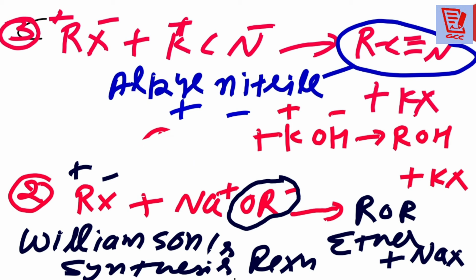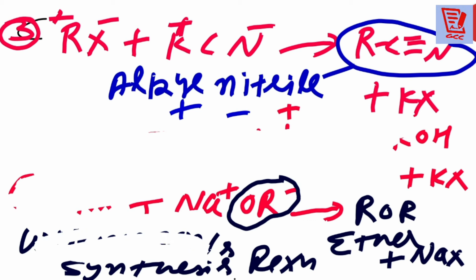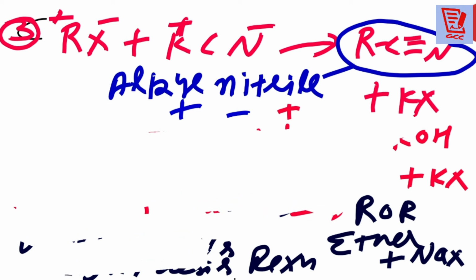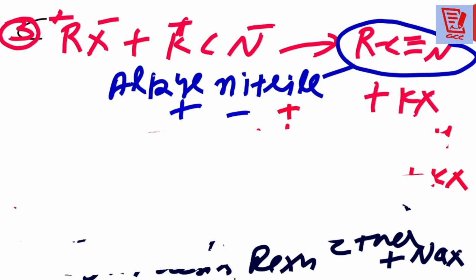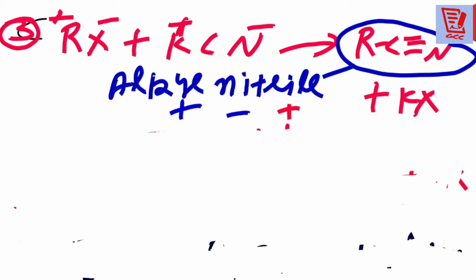Okay. Now look, in this reaction please see very carefully, all of you. Now when we are preparing this RCN, it can give further 3 reactions. What we have prepared, alkyl nitrile, can give further 3 reactions. Means this third reaction has a further 3 parts.